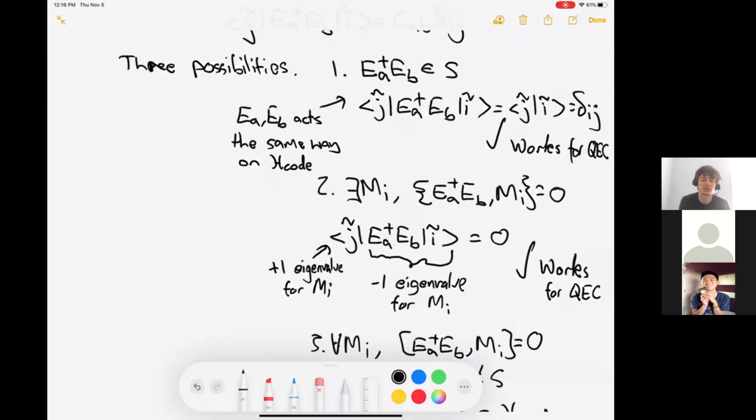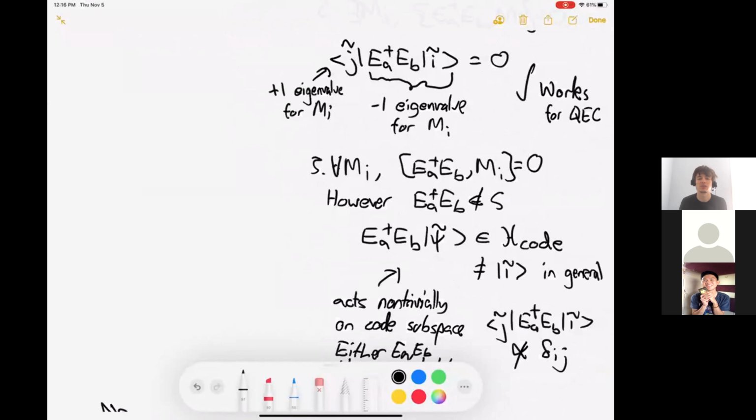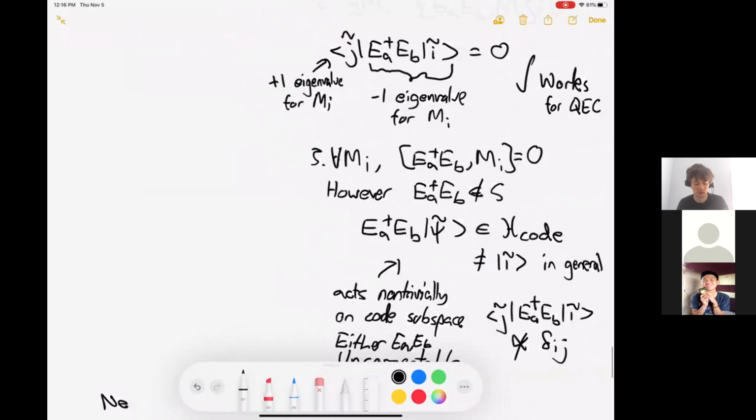What do you mean MI doesn't connect? So MI is some Hermitian matrix, so it has an orthogonal set of +1 eigenvalue eigenstates and an orthogonal set of -1 eigenvalue states, and they're all orthogonal to one another. I see. Right. Okay, so there's no possibility for it being non-diagonal. No, it's because it's Hermitian. Yeah, it's Hermitian, so it has an orthonormal set of eigenstates. Different eigenspaces for different eigenvalues are orthogonal to one another. Oh, good question.